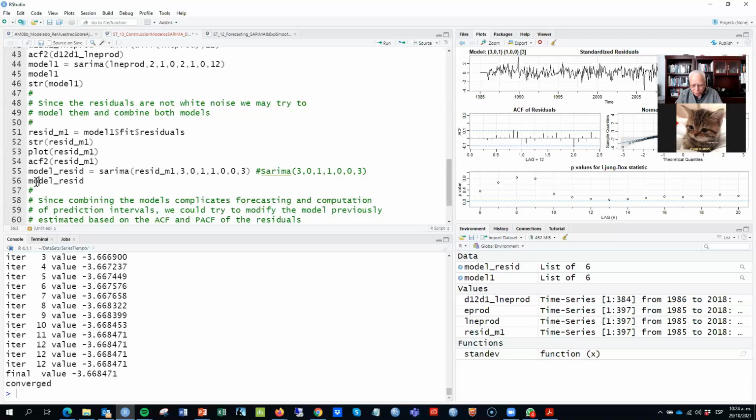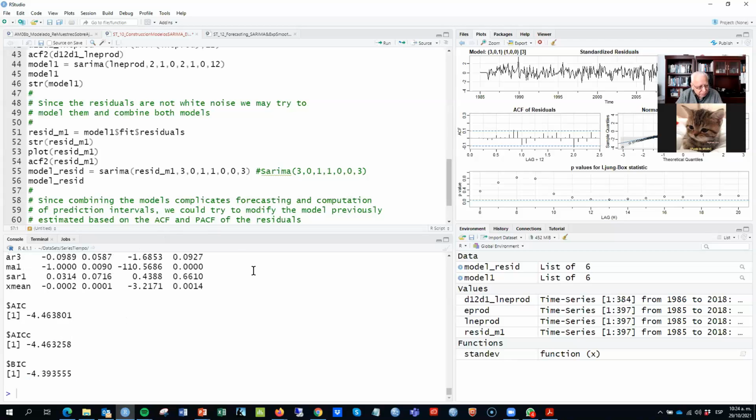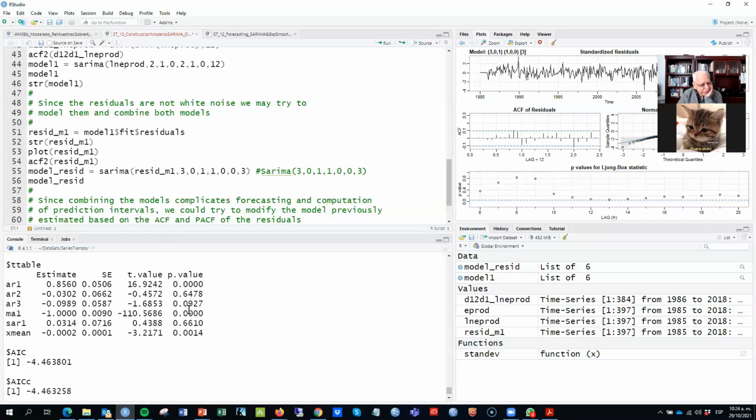Now let's look at the coefficients. Again, the AR3 is not significant, and the moving average term of order 1 is not significant either. The mean is significant, so I cannot remove the mean. But I can try to fit it without an AR term here.